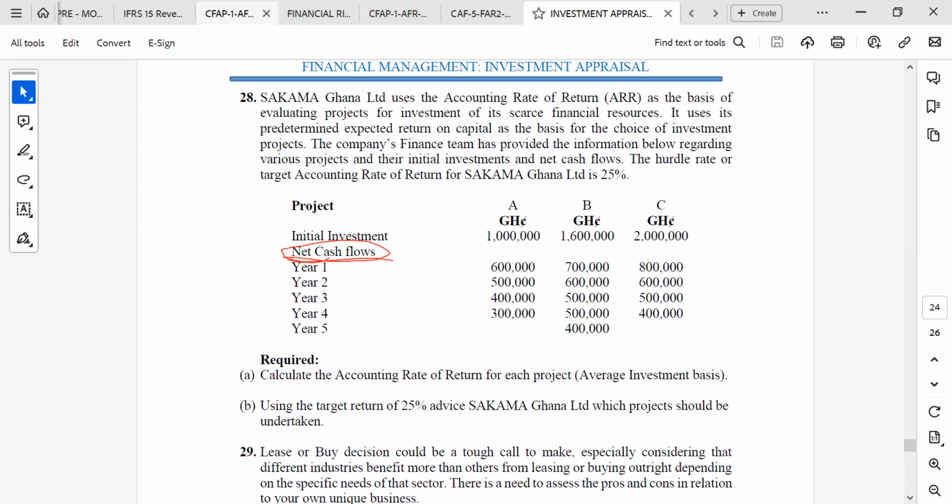Is depreciation taken out of these figures? No, because this is cash flow. Depreciation is a non-cash item. So depreciation has not been taken out yet. So if you subtract depreciation from it, then you have your profit after depreciation.